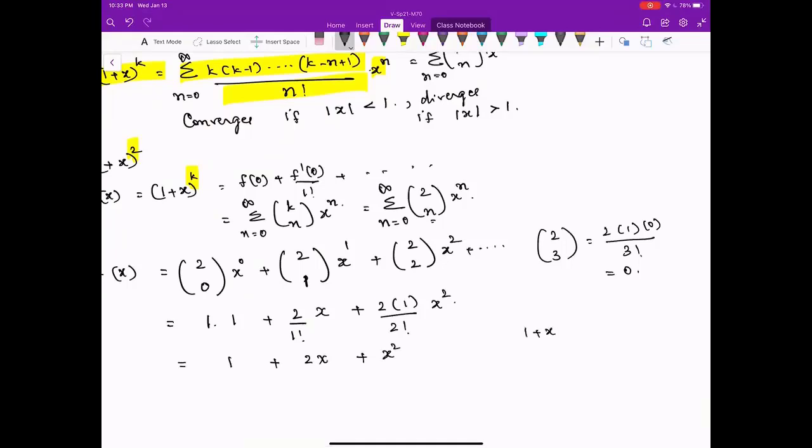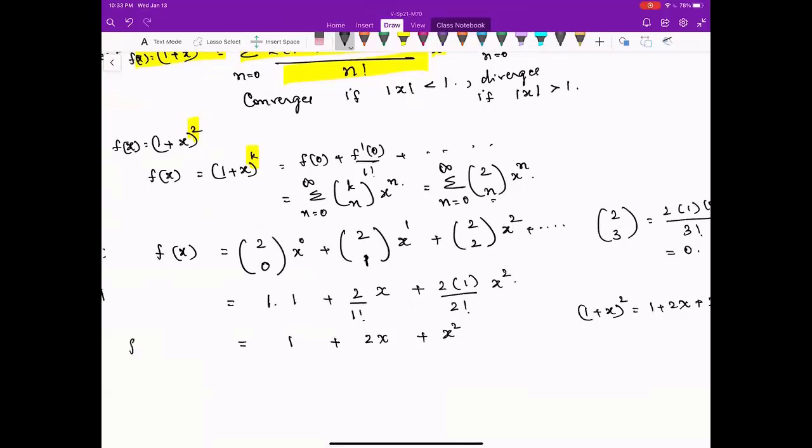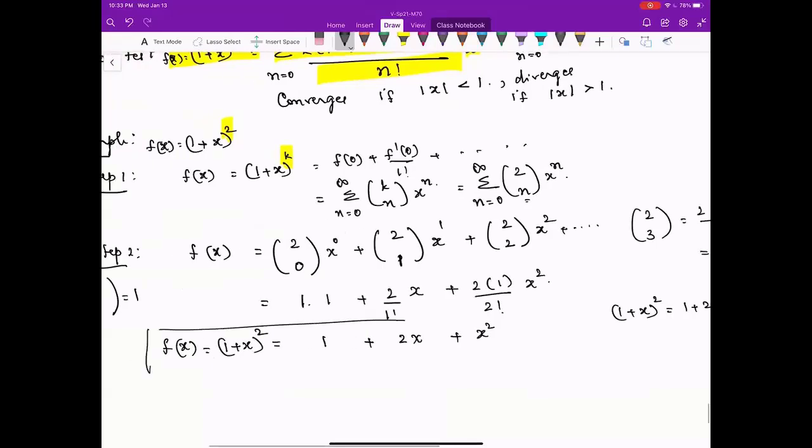Don't we all know that (1 plus x) squared equals 1 plus 2x plus x squared, by the FOIL method or by the binomial method? So it agrees with what we have learned earlier. The binomial theorem method is this. It converges when absolute x is less than 1.